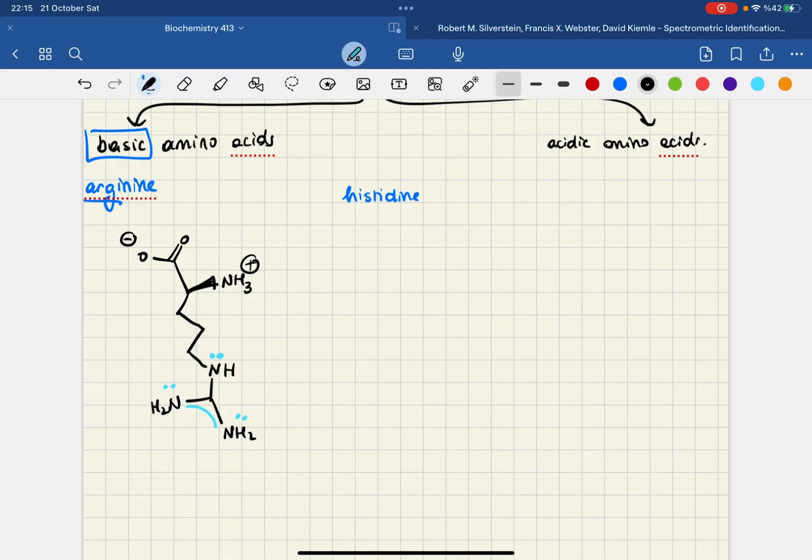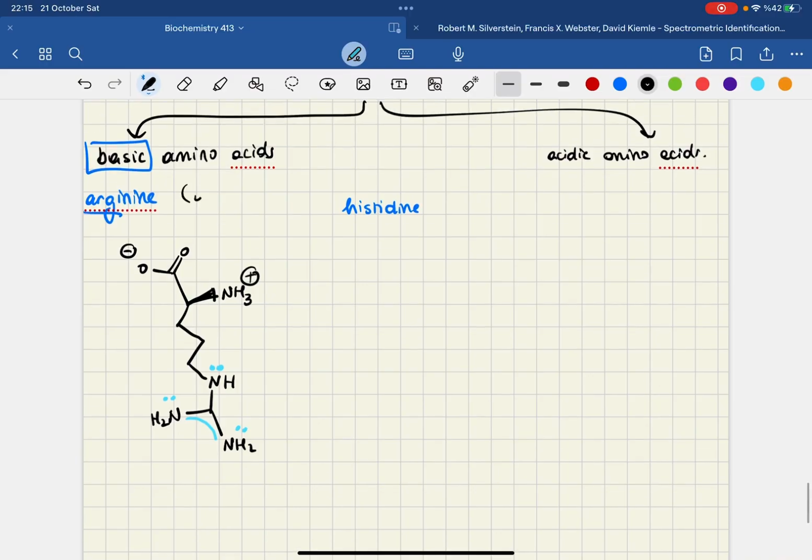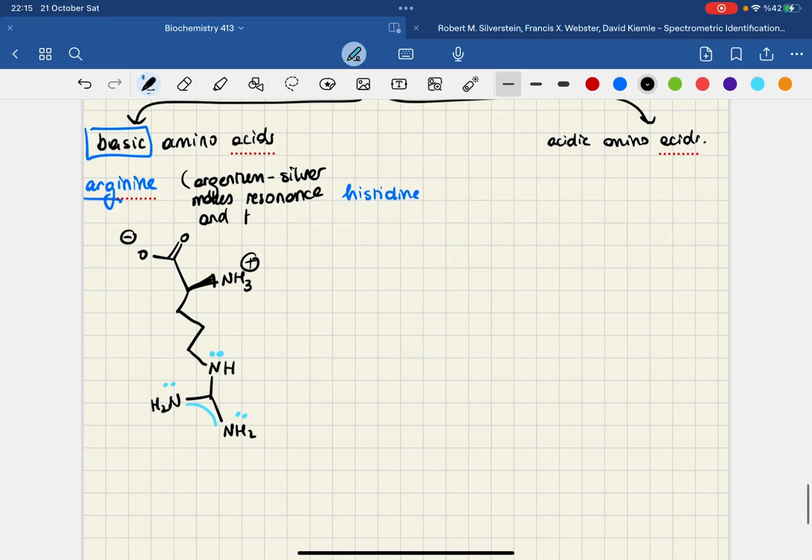Now, how can we memorize them? We said argentum, which means silver, makes resonance. As we see here, it has a guanidine group, and therefore it is silvery.